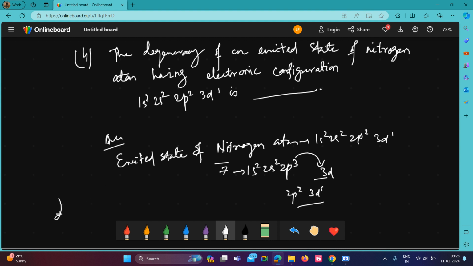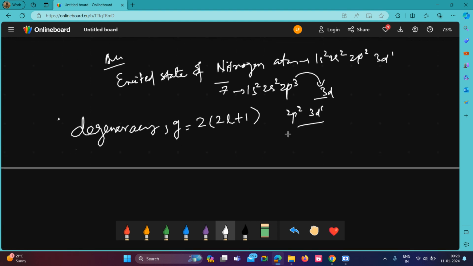What is the formula for degeneracy? G is equal to 2 into (2L plus 1). What is L?